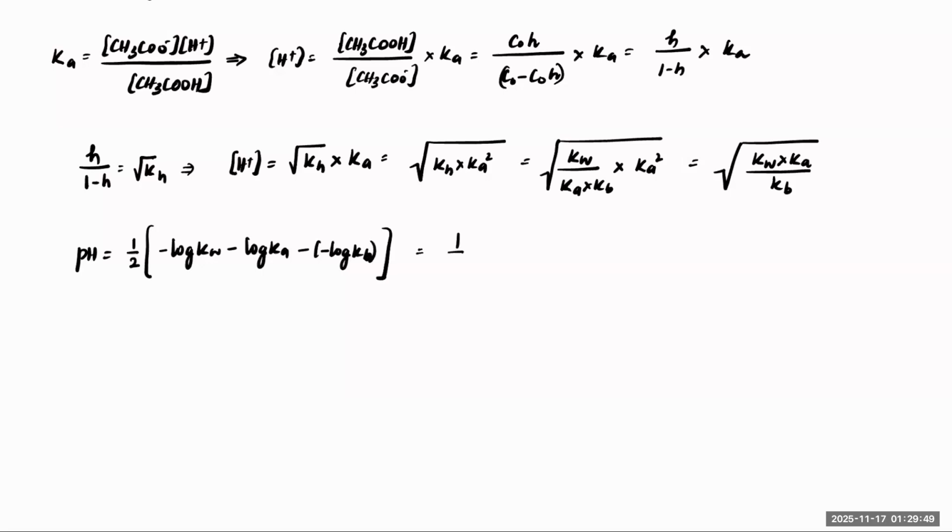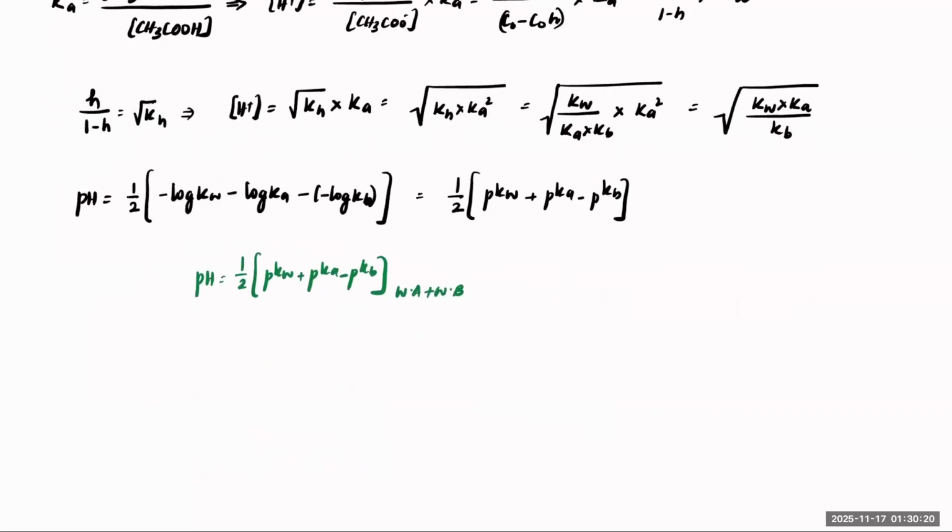So this is equal to half of pKw plus pKa minus pKb. Hence, this is the formula that you should be looking into. pH is equal to half of pKw plus pKa minus pKb. This is for weak acid plus weak base combined salt.